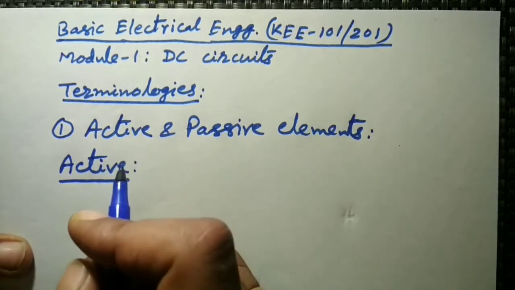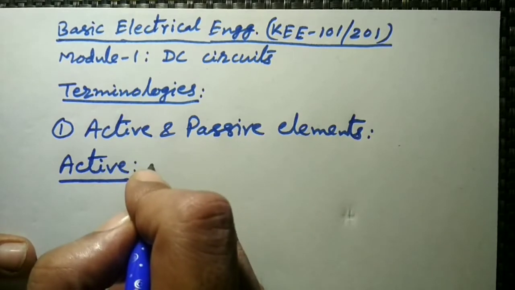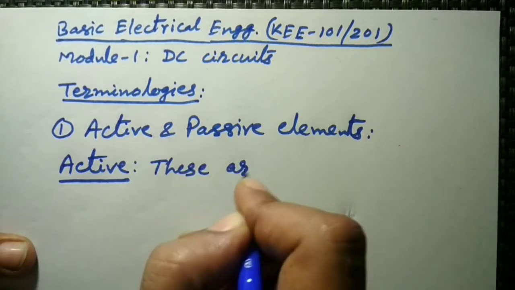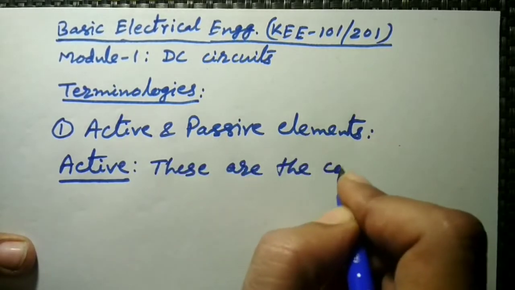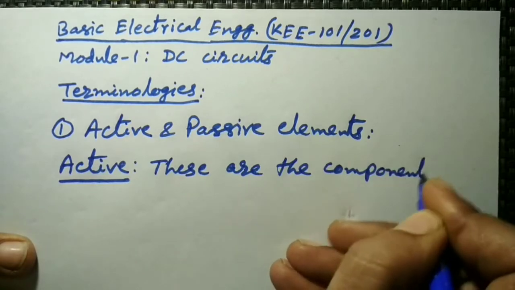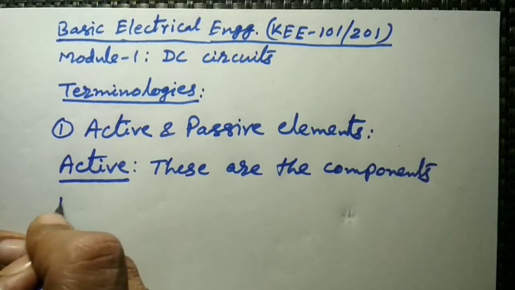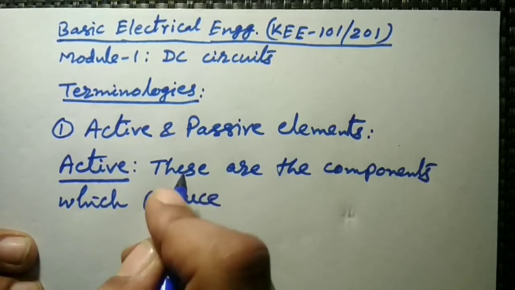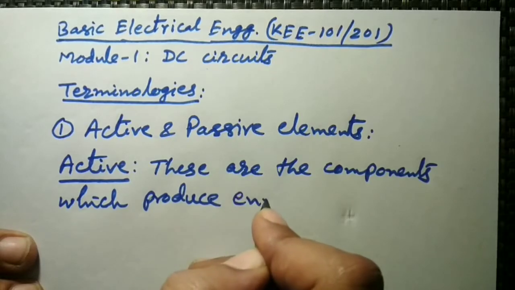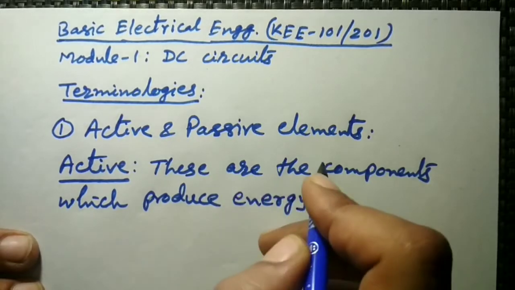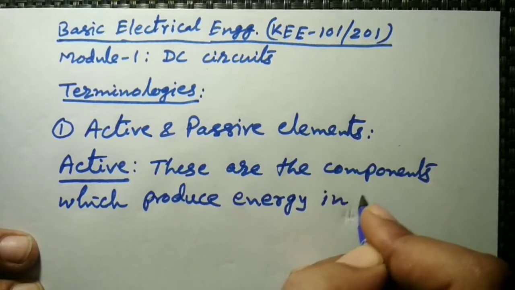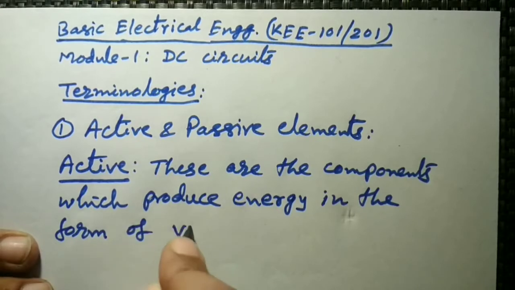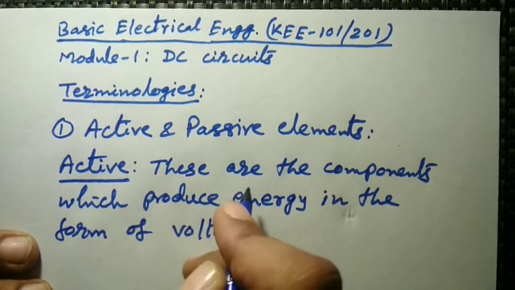So if you want to write the definition, these are the devices which produce energy in the form of voltage or current.